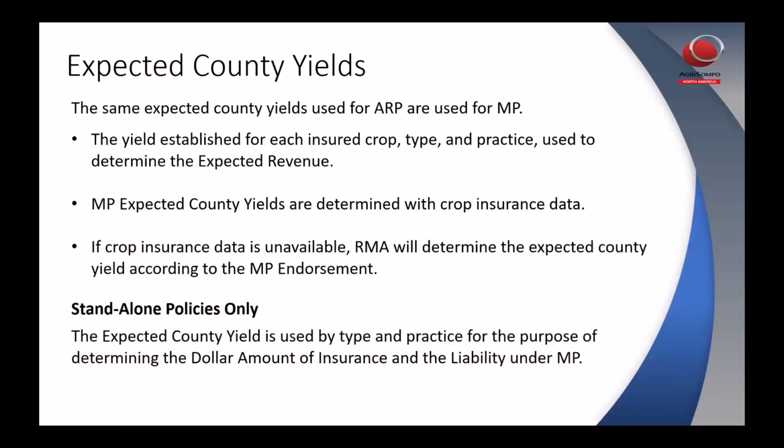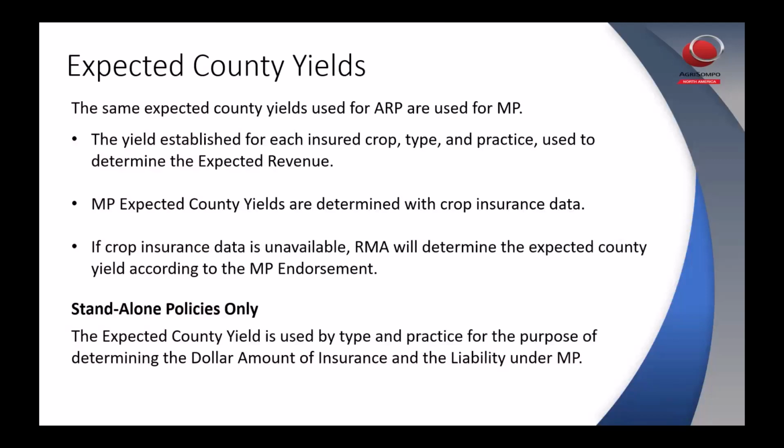Now, Elliott, you always like to remind people this is different than multi-peril in the fact it doesn't protect your yields on your farm. It's county based. Tell us a little bit more about how we get that county yield. Under our margin protection product, you have expected county yields that are derived by RMA, same as they do for area risk plans.